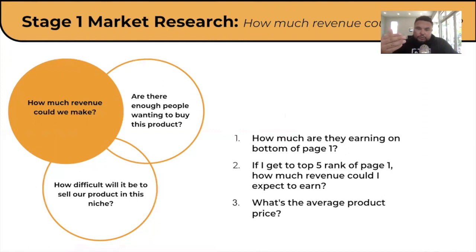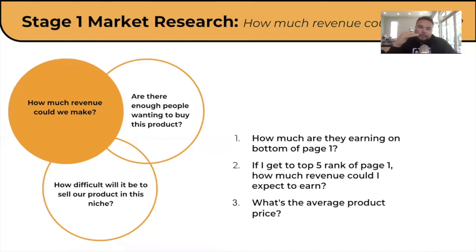Then question 2: if we improve and optimize our listings, our rankings and our pay per click, and we get up to the top 5 of page 1, which has 16 listings, how much revenue could we expect to earn? So we're seeing what our potential is from this one product.